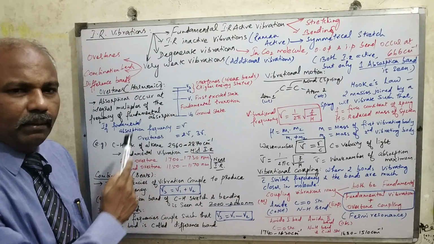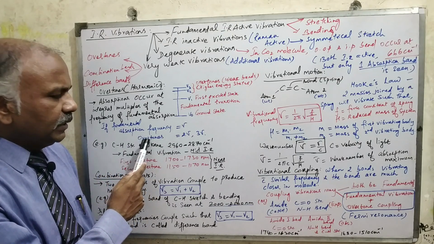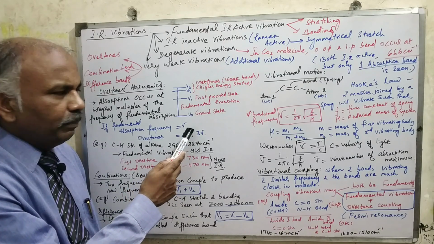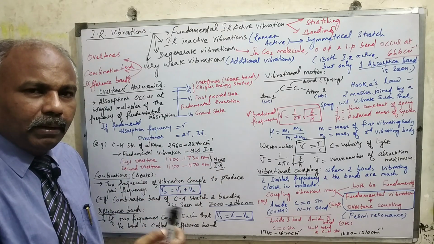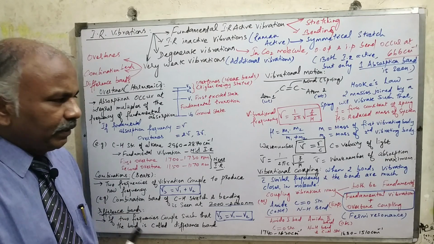This is a simple example. If the fundamental absorption frequency is nu, the additional vibrations like overtones will appear as either 2 nu or 3 nu. That means they come from the higher excited states, higher energy states, but those bands are weaker absorption bands. That is a very important aspect.